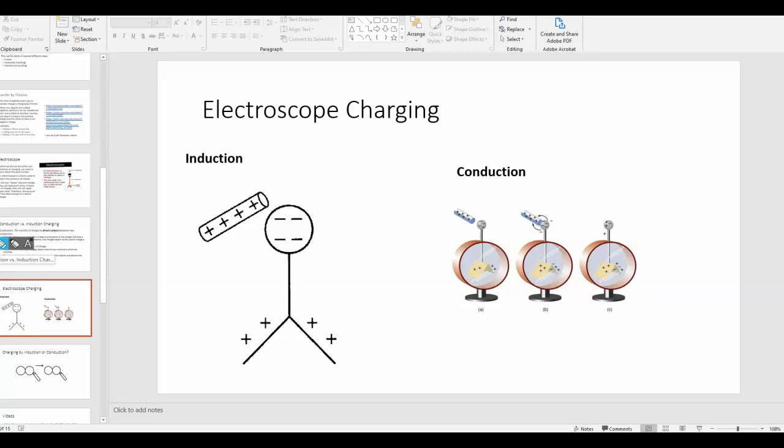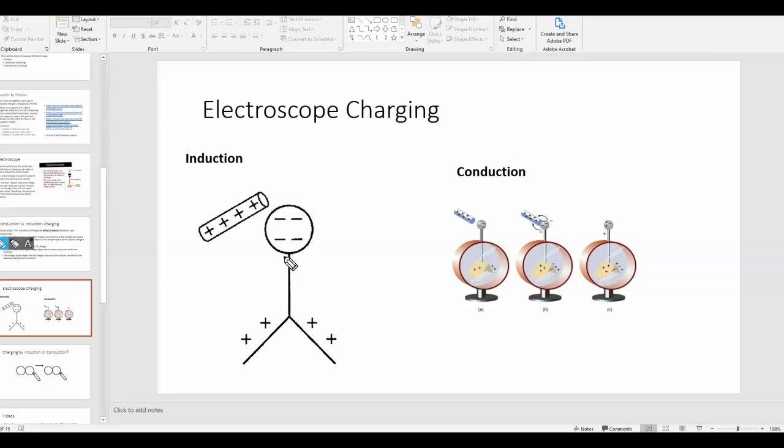If you take this rod and bring it close to the electroscope, not touching but just close, then if the rod is positive, the electrons in the electroscope are going to be attracted to the rod. They want to get close to the rod because opposites attract. So the negative charge is going to end up at the top of the electroscope, and that's what you see here in that circle.